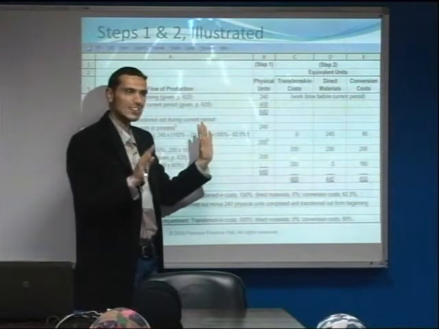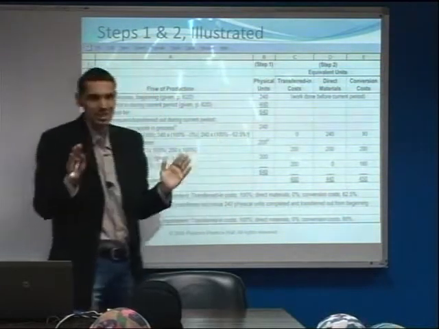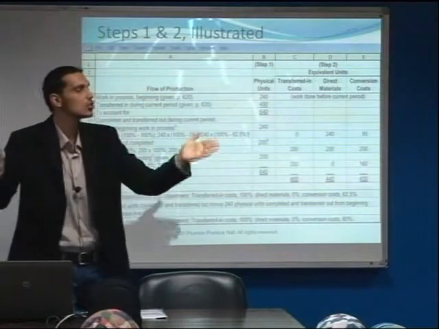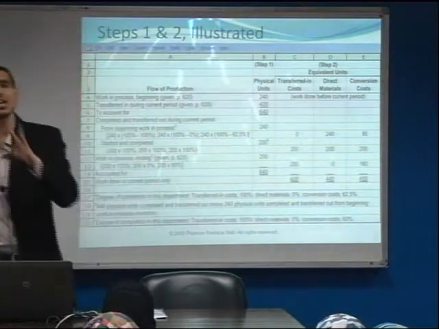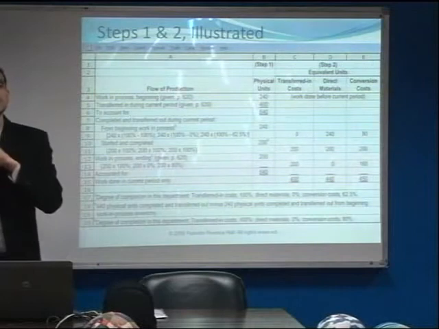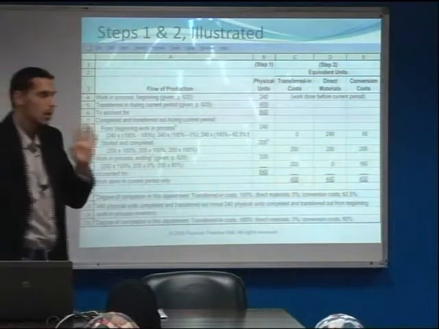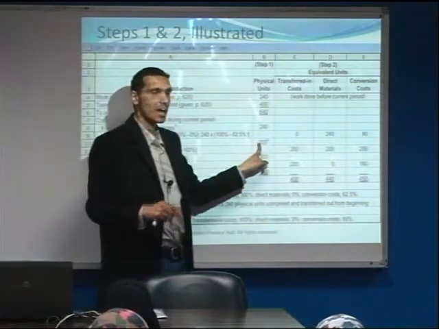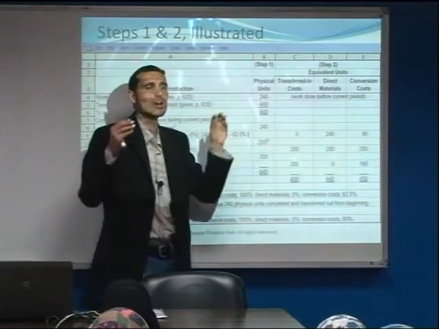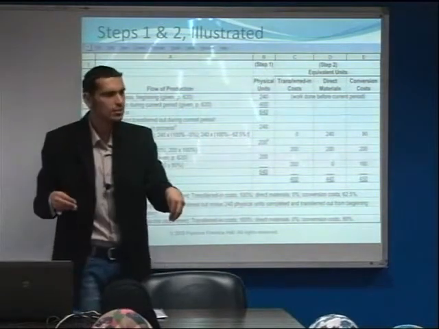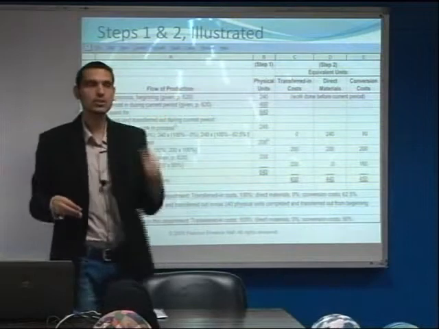Why did I say transferred in? Because as we said, in the testing department, we do not start units. We only accept the units that have been transferred from the assembly department. Therefore, the 200 units, according to the first in, first out, were transferred in this period and finished in this period.